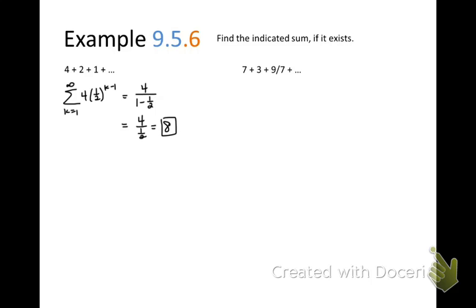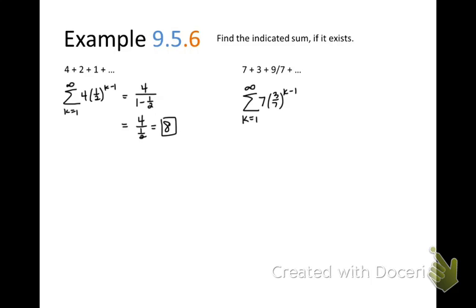Take a look at the second one. Is this also geometric? What is your r value? 3/7. If it's 3/7, is that less than 1? Which means that I can, in fact, do this. So it's going to be 7 times 3/7 to the k minus 1.